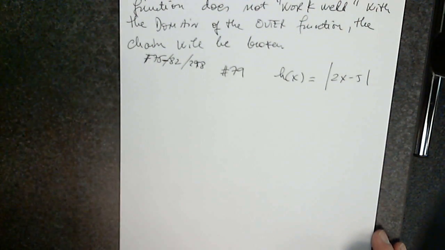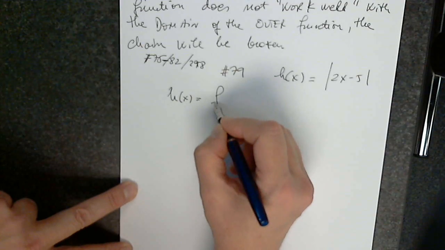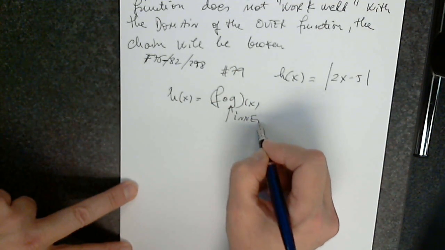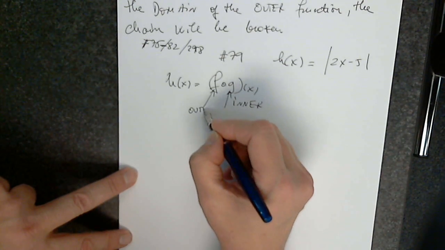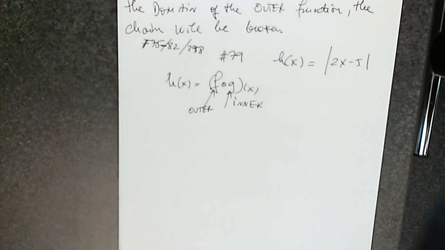And I want to caution you that there is more than one correct answer here. So they want us to find two functions, the inner, which I would like to denote by g, it doesn't matter really, and the outer. So look at this function and say, I know the inner is this, the outer is this. And if you create f of g, you will get h.